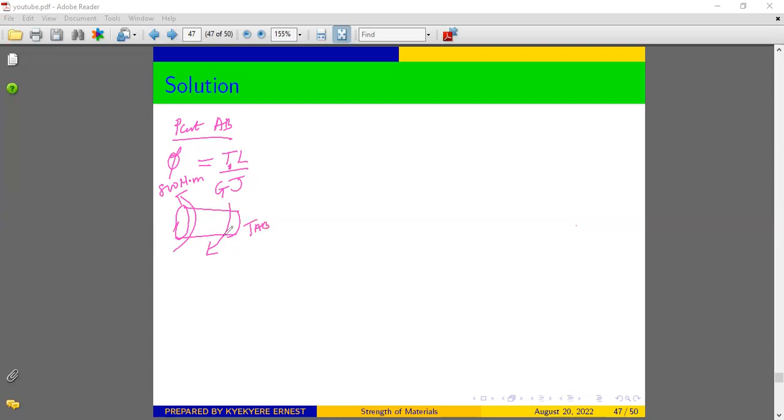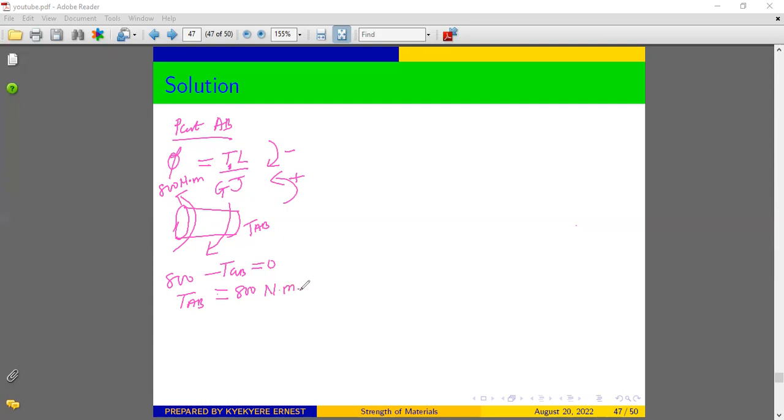From here we can say that the torque which is moving anti-clockwise is positive, whereas clockwise is negative. Looking at this, the torque is anti-clockwise, so it's going to be positive. So we have 800, this is negative, minus TAB will be equal to 0. So the internal torque in TAB is equal to 800 Newton meter.